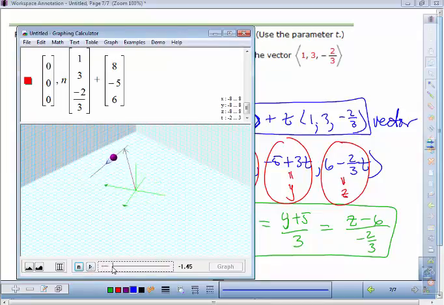So if we let t vary, we can see that it's drawing out that vector. Maybe if I freeze it. It'll draw out that vector from the origin. So you can think about that vector function as the tracing vector that would trace out that line.